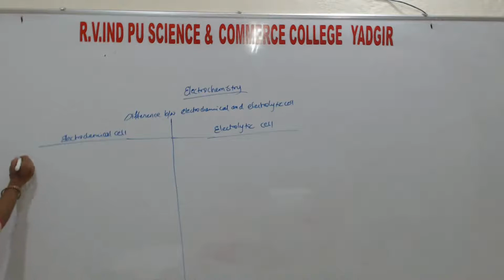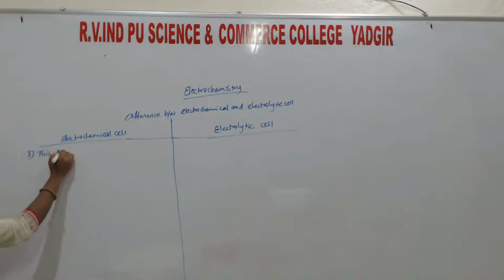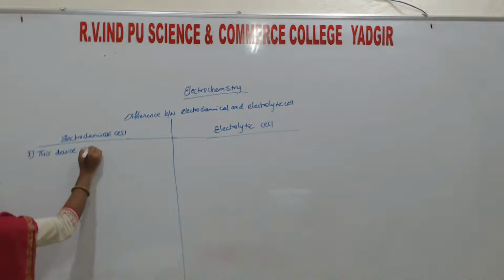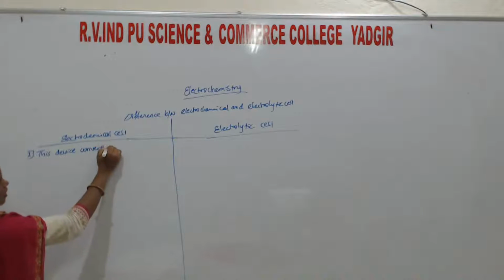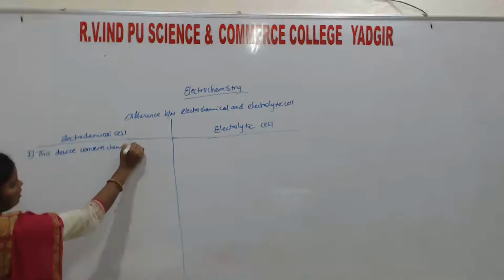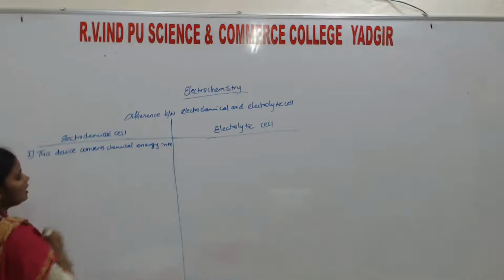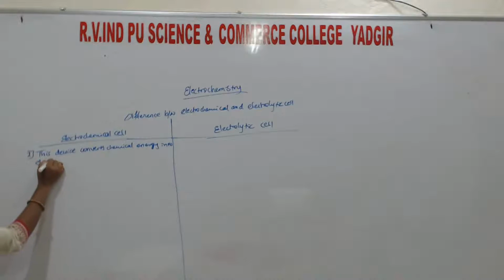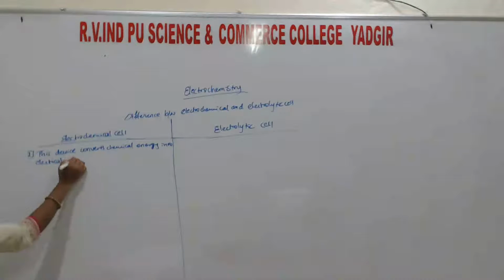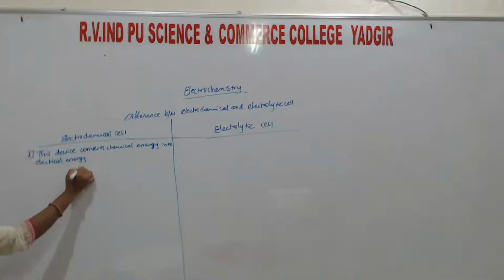First difference: in the electrochemical cell, this device converts chemical energy into electrical energy.